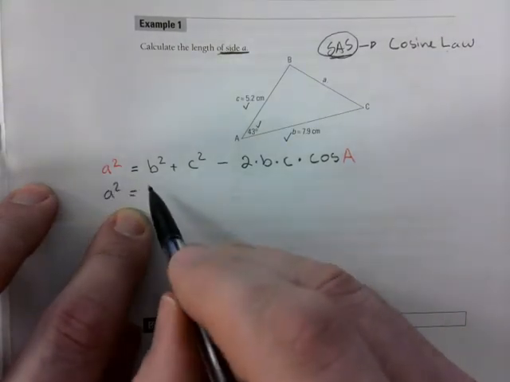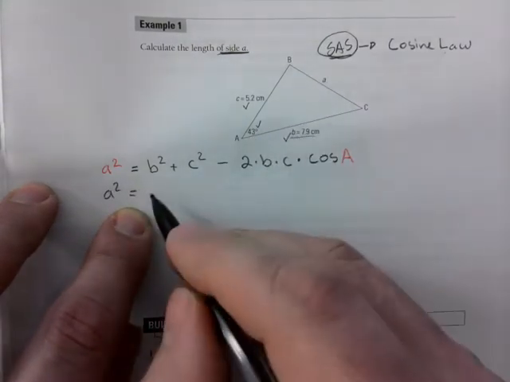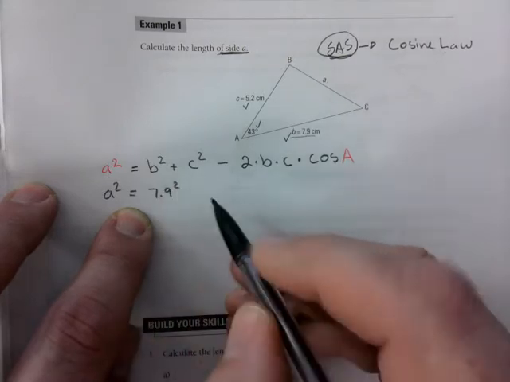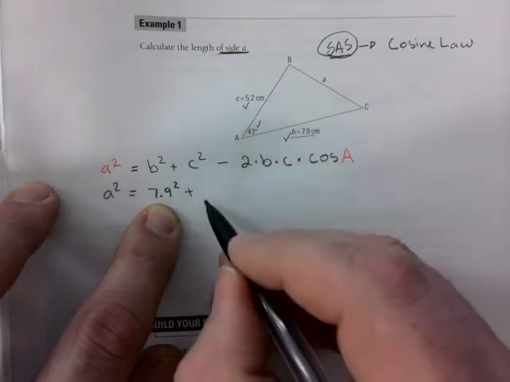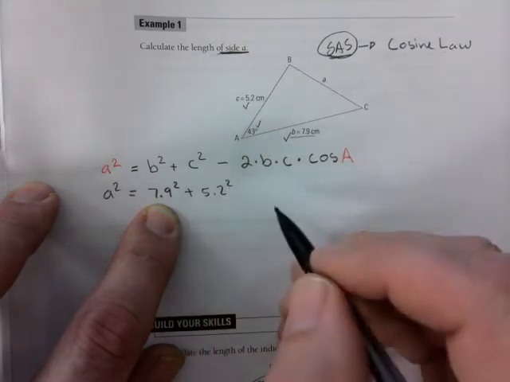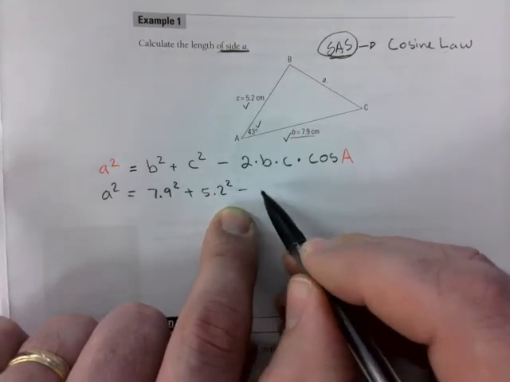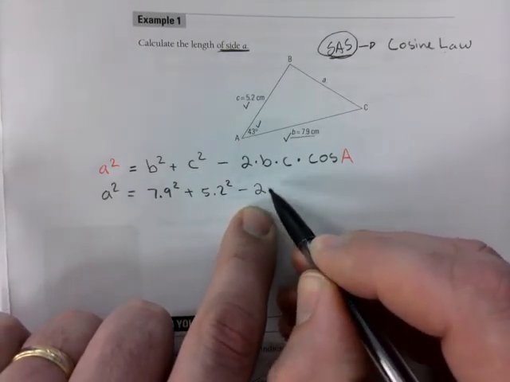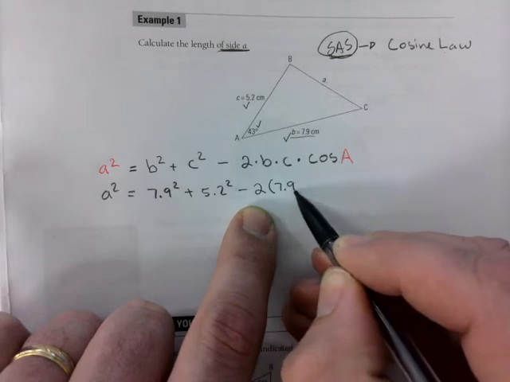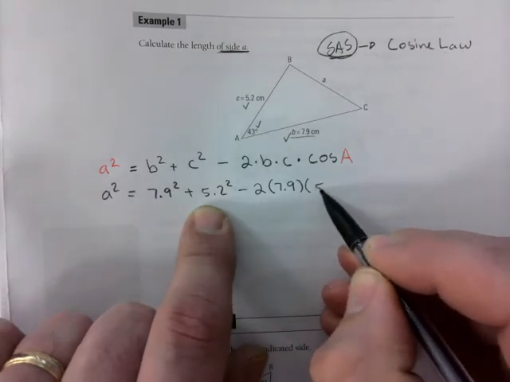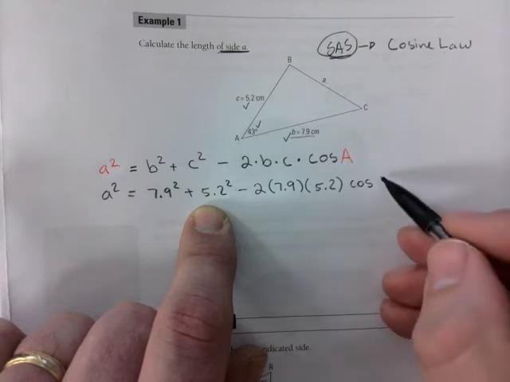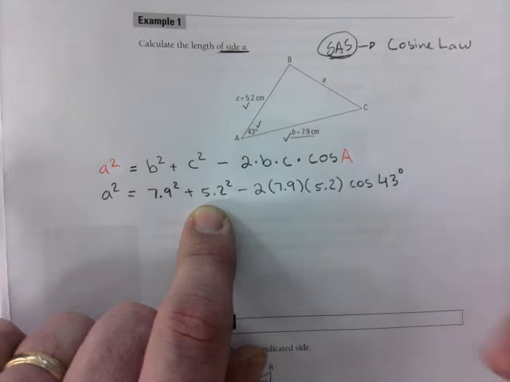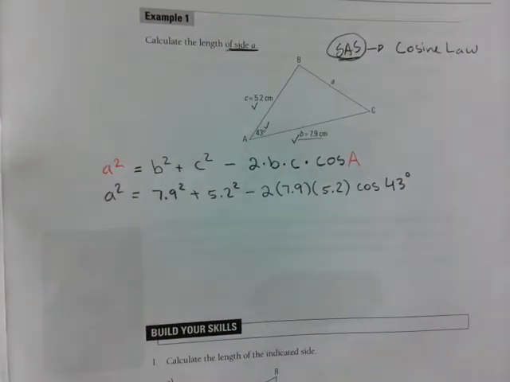A squared is equal to, if you look at here, B is already labeled at 7.9 squared plus C is 5.2 centimeters, so 5.2 squared minus 2 times B, I use brackets here, times C times cosine of angle A, which is 43 degrees. So you basically just plug it in, plug in, plug in, plug in.